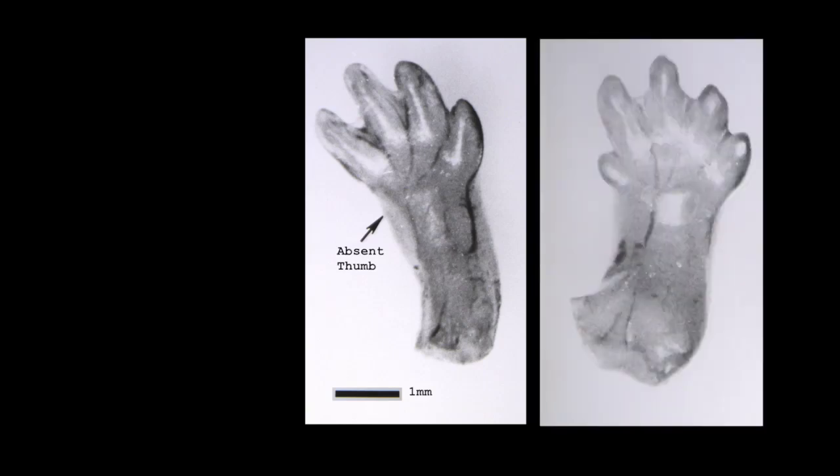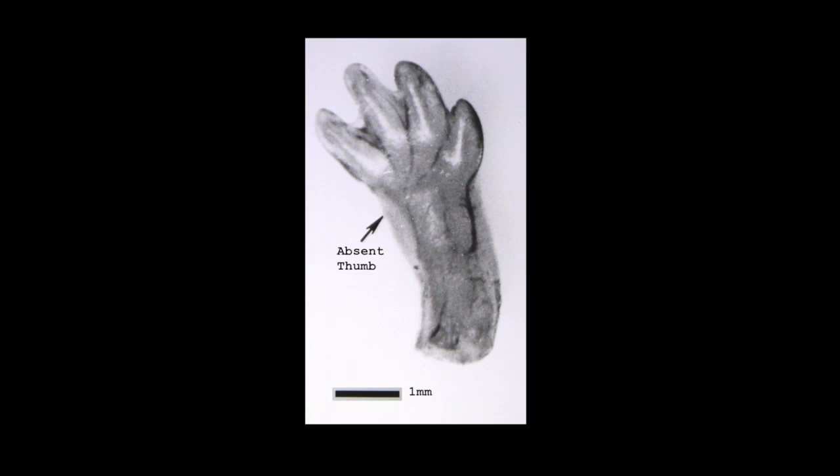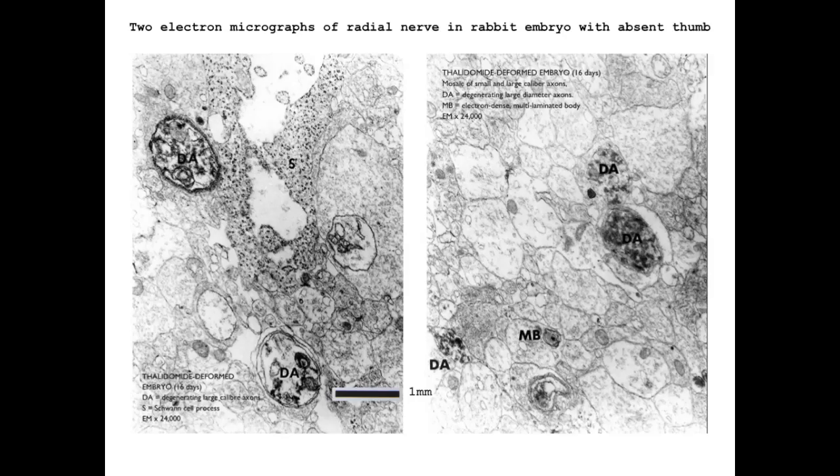Dr. John Cameron made transverse sections through the forearm of this rabbit and examined its radial nerve, that is the nerve going to the thumb and forefinger, and here he showed by electron microscopy actual degenerating axons, which he never saw in controls. And again, this is the same neuropathology as in the human adult. So thalidomide consistently destroys sensory nerves.